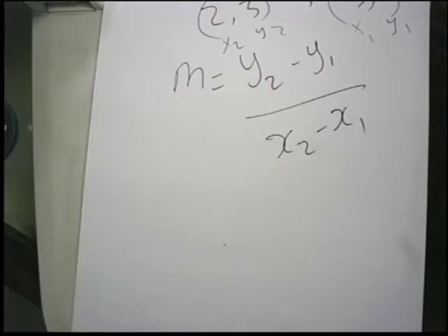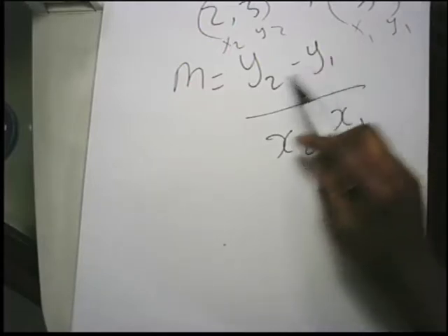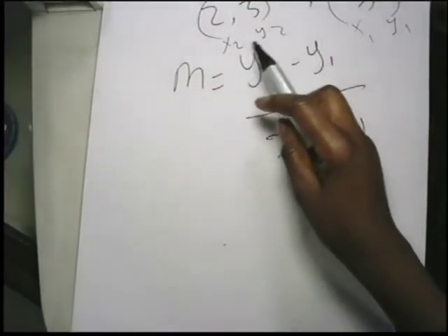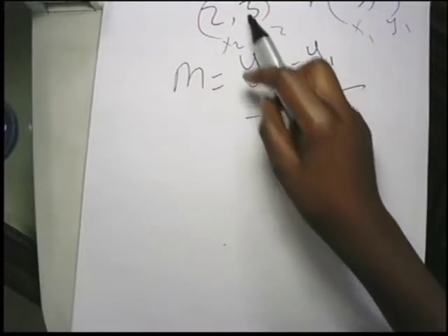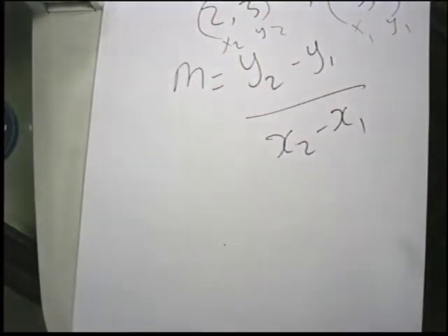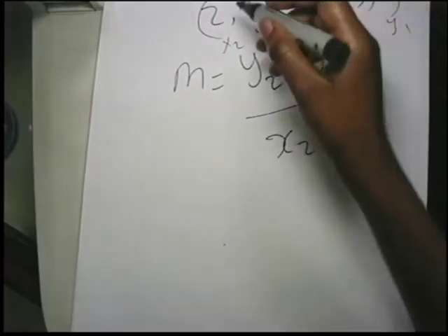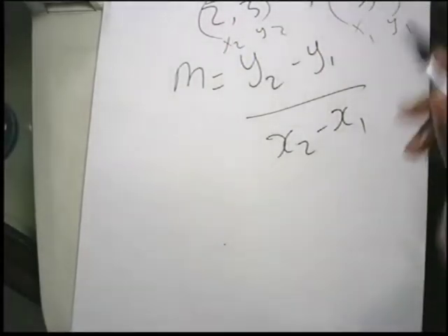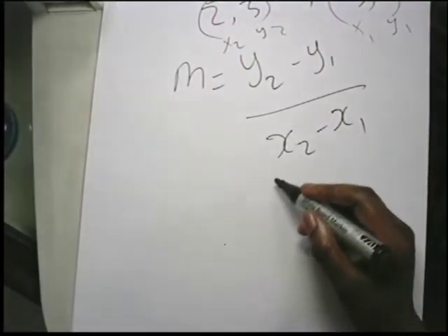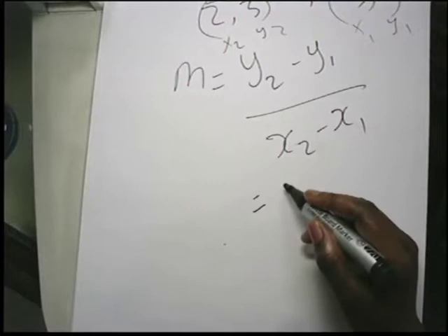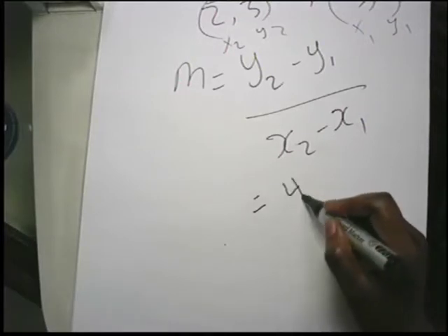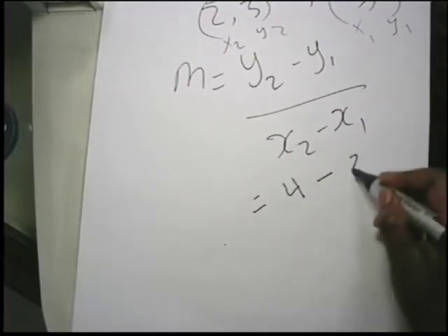It will only be correct if you are not going to say x1 is here and y1 is there. x1 and y1 have to be together. x2 and y2 also have to be together. Now if we use the ones on top there, then our y2 is equals to what? 4. y1 is equals to what? 3.